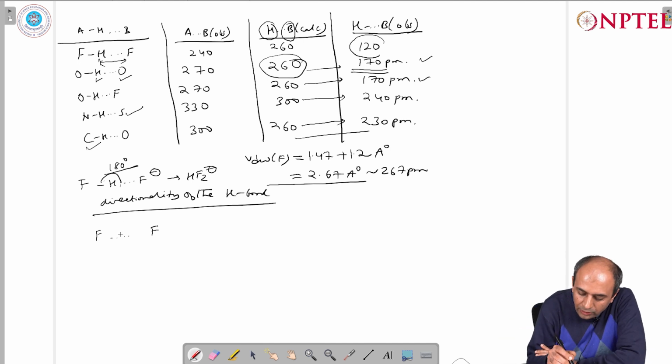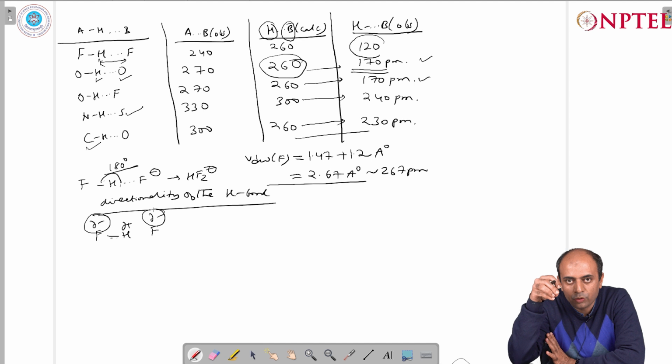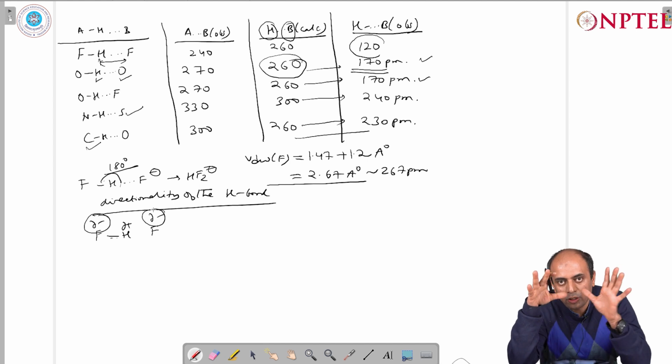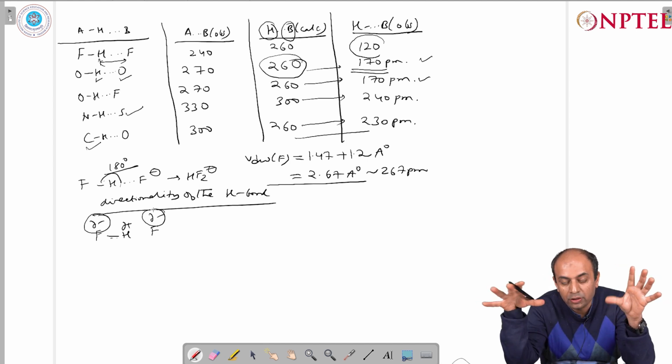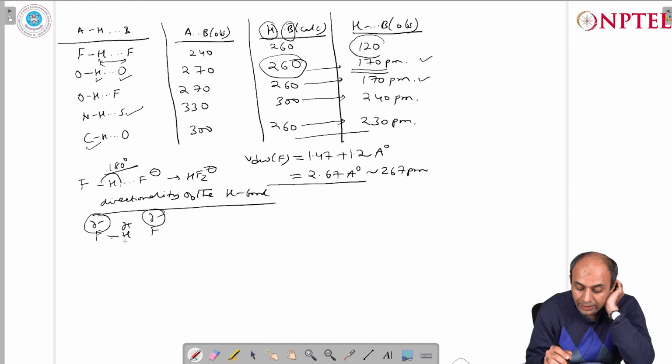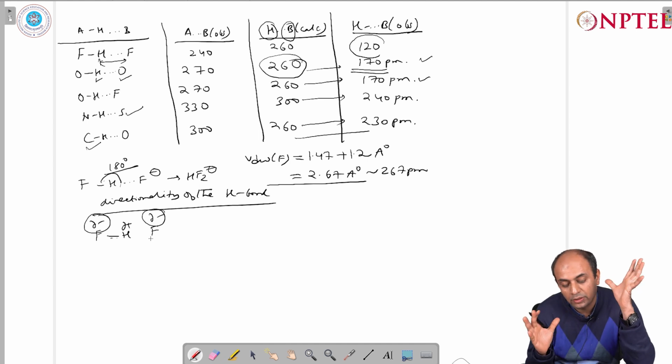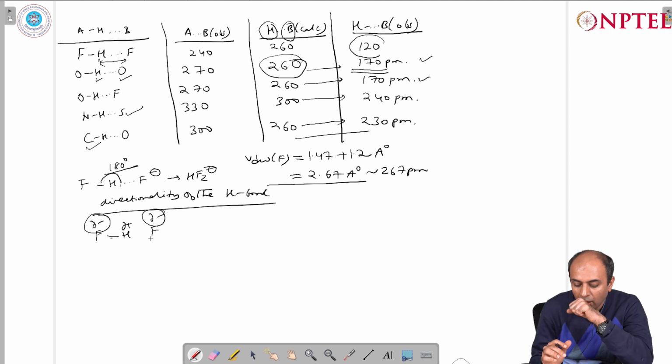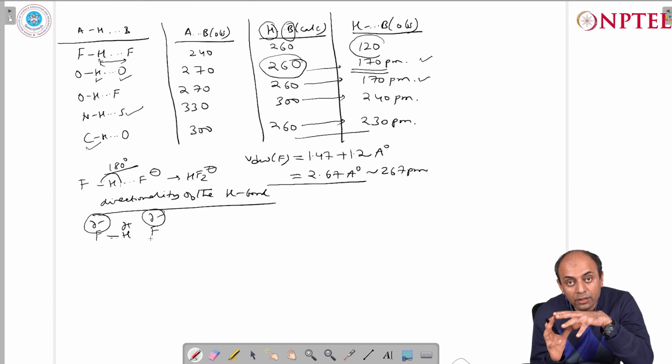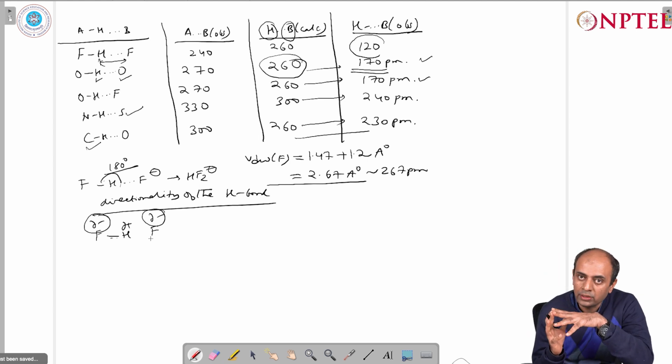That is the reason why you put in a proton, which screens the negative charges most effectively, because now the proton is put in the center, and therefore it minimizes the electron-electron repulsions and maximizes the attraction of the hydrogen nucleus with either of the fluorine atoms. And because this situation is overall stabilizing, the directionality of hydrogen bonds approaches 170 to 180 degree.